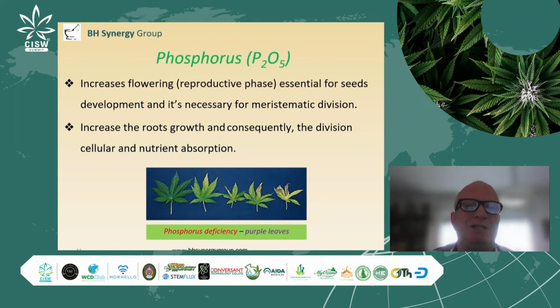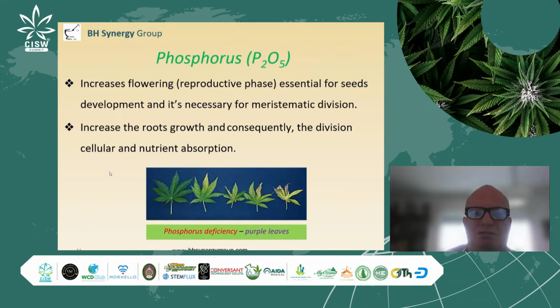It gives the sign for flowering and is essential for the seeds. So it's good. It's most important for flowering, for root development, for plant growth, to get inside all the other microelements, and it's most important for meristematic division.